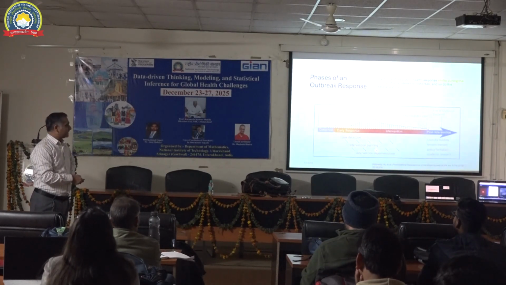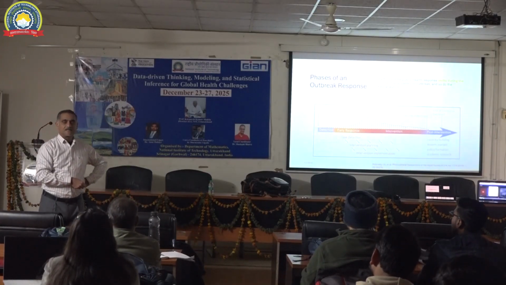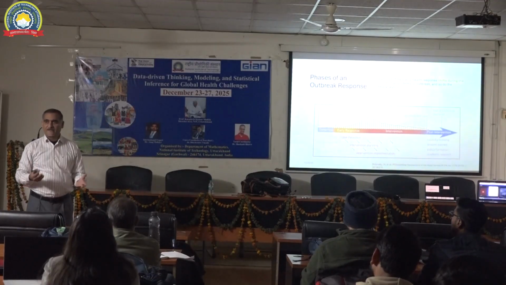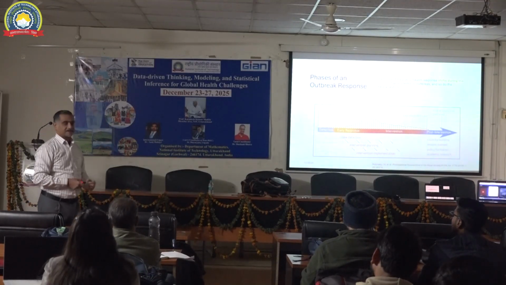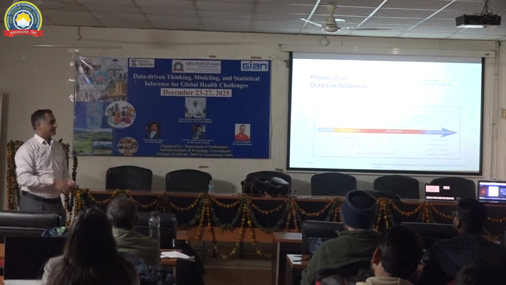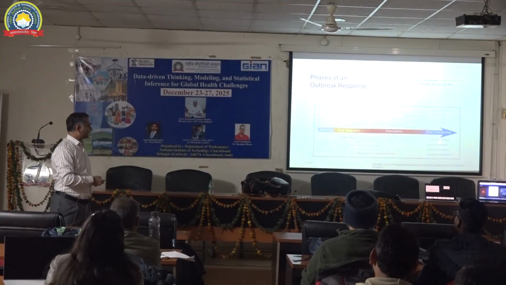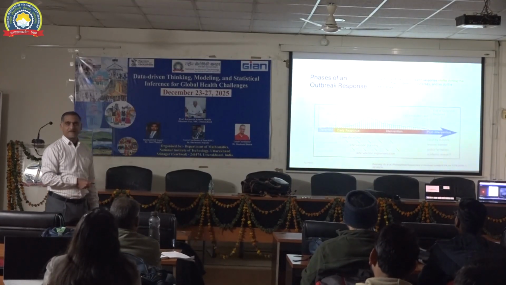Here, different types of interventions, whether it is going door to door and identifying patients, or quarantine, isolation, vaccine, different interventions start to play their role here. And finally, this is where the capacity building happens.